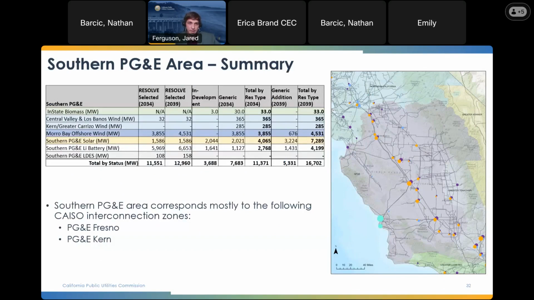I do note that we have, for example, 1 or 2 substations in Monterey County, Salinas on south, that are transmission-wise a part of the Bay Area, but we have them mapped in RESOLVE as part of the southern PG&E area. So there are those small parts where you have awkward overlaps between interconnection zones and the RESOLVE resource regions. Next slide.